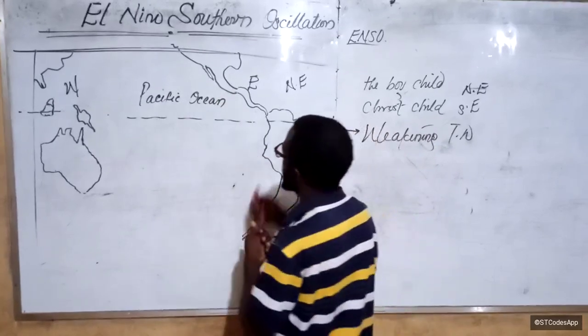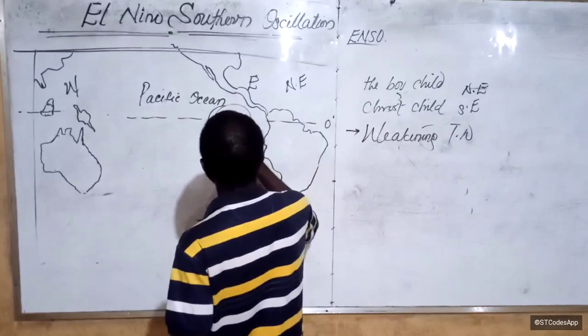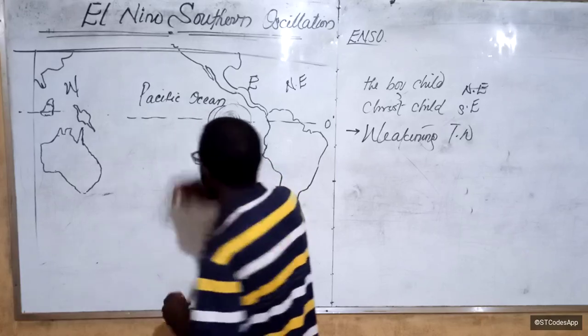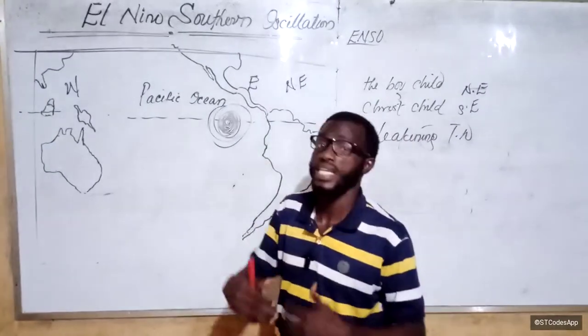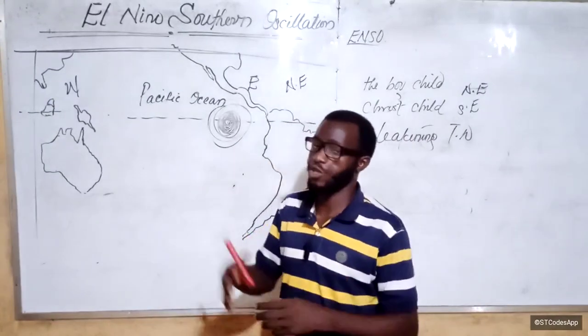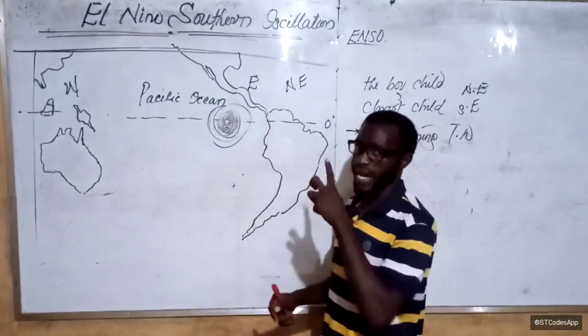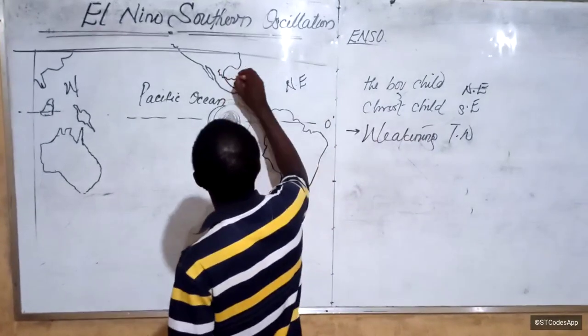So when warm water now aggregates around here, this is the abnormal condition, the El Nino condition. What happens when warm water is now here? Warm water begets what kind of atmosphere? A low pressure atmosphere. Because of that, air will rise, and when air rises it forms clouds here.